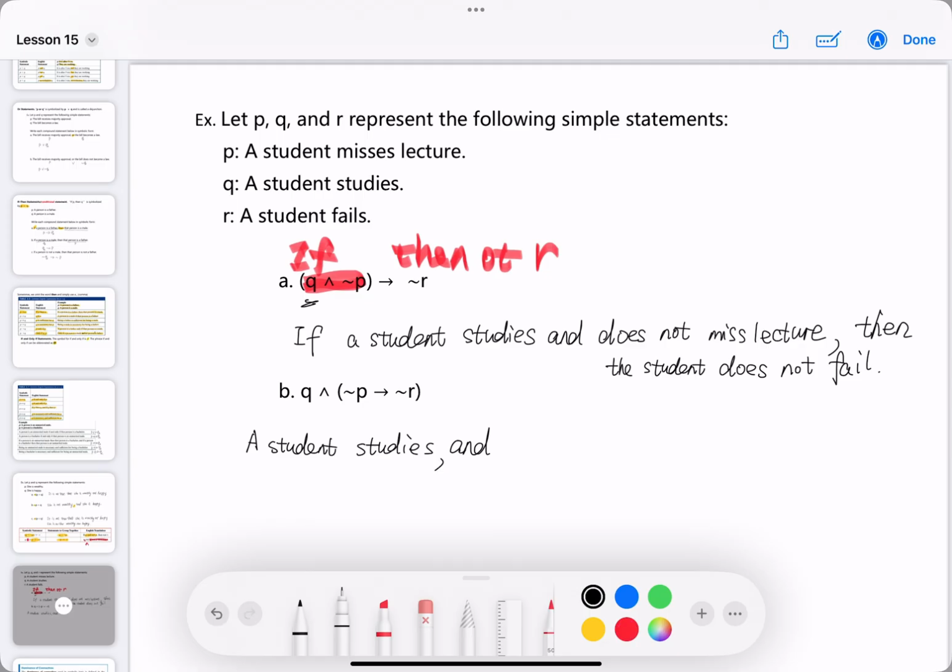Let's have parentheses here. And in the parentheses we have if not P. So not P means the student didn't miss lecture, or the student doesn't miss lecture.